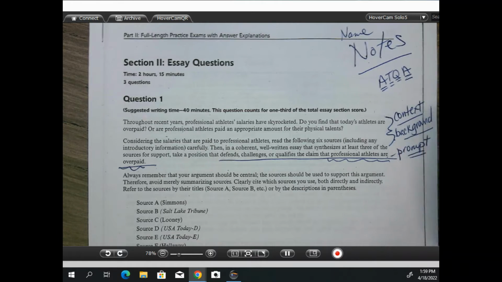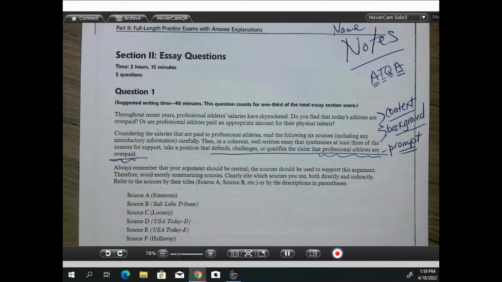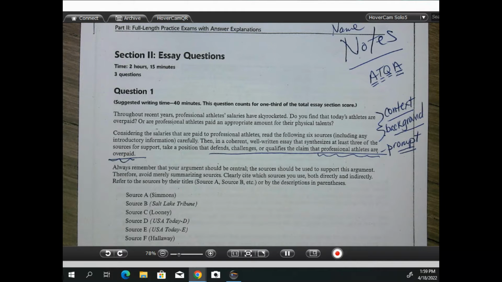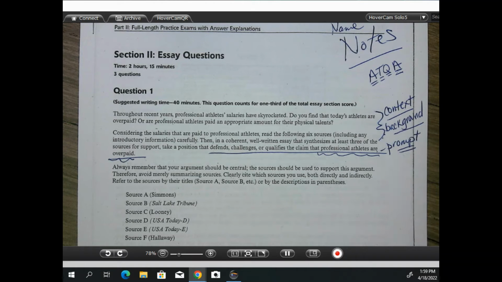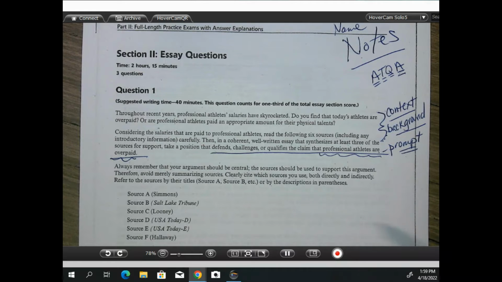They know that there's no way for them to write a prompt that every kid has equal access to, that every kid has thought about equally. So they typically do start with some sort of context or background. Can you use this for your intro? Yes. Is it terribly impressive if you use this for your intro? No, not really. But hey, if you're in a fix and you're in a jam, you can certainly go for it.